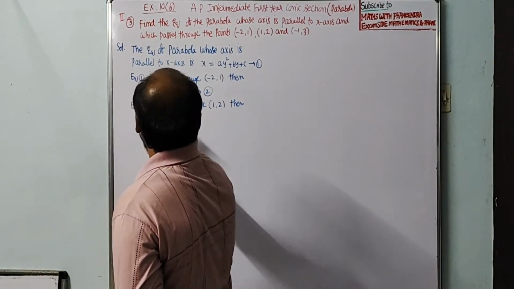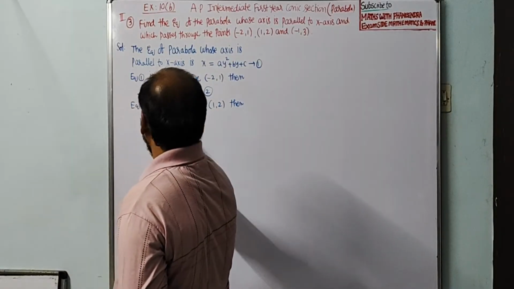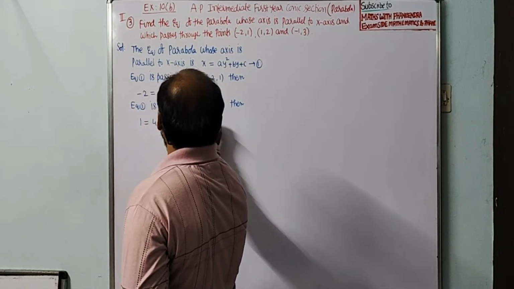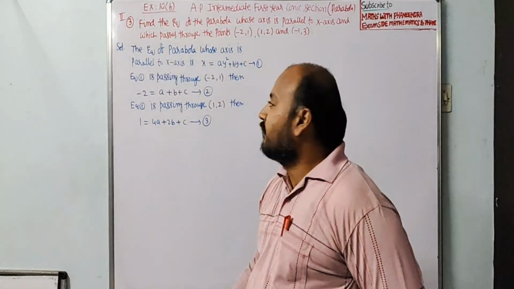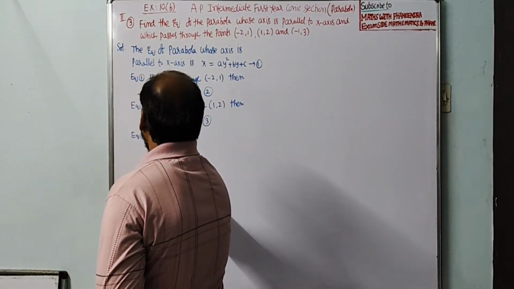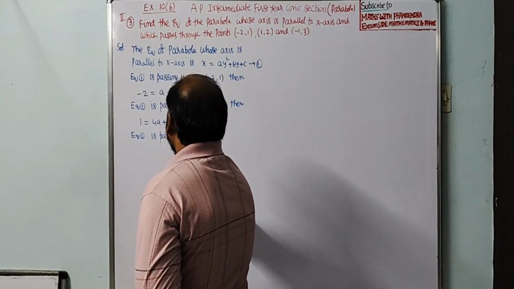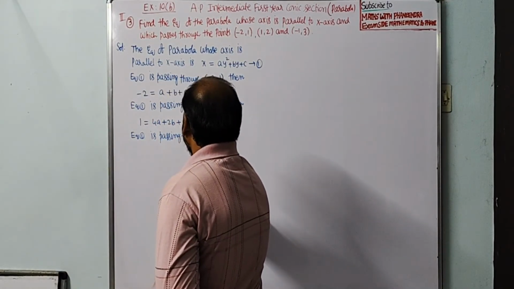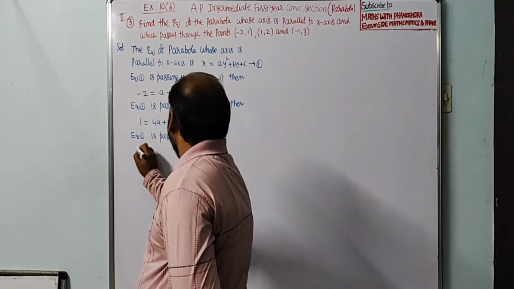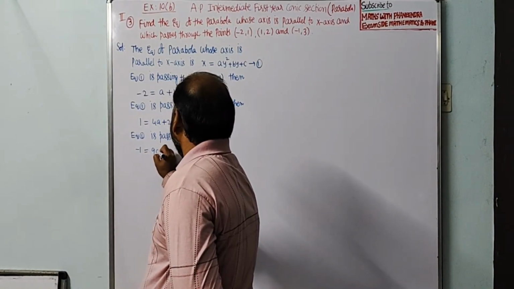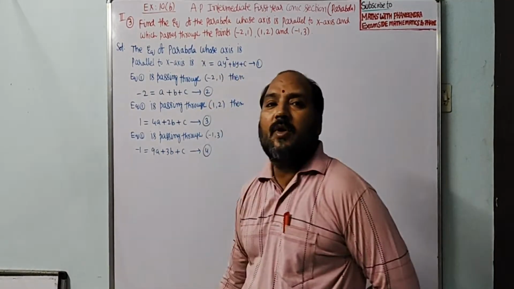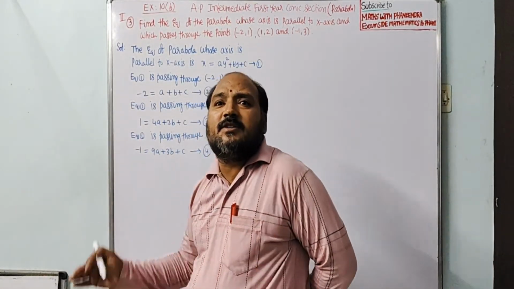So in place of x 1, in place of y 2. So 1 equal to 4a plus 2b plus c. Equation number 3. Next, equation 1 passing through minus 1 comma 3. So minus 1 equal to 9a plus 3b plus c. Equation number 4. Now solving these equations and get the answer.